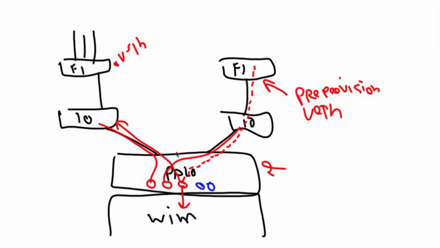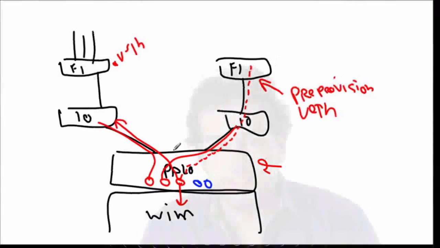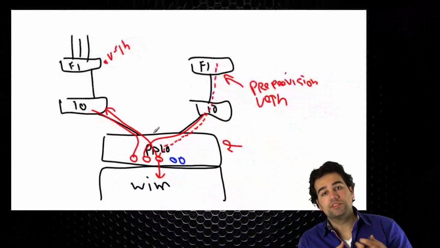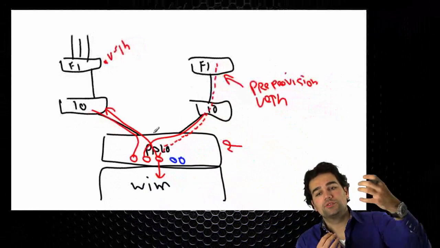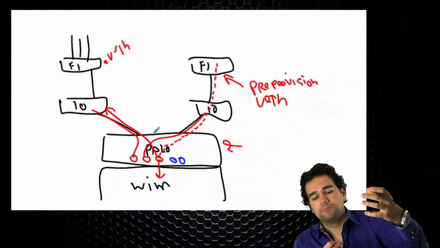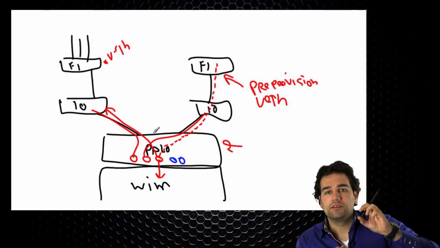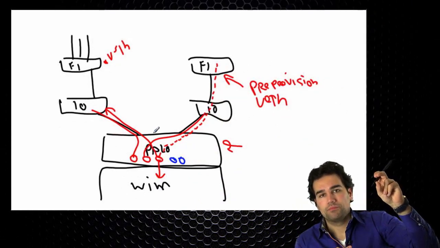So going back to our pinning configuration here, it's not going to be a server interface to uplink mapping, so client to server mapping or client to uplink mapping. It's going to be a vNIC to uplink mapping.